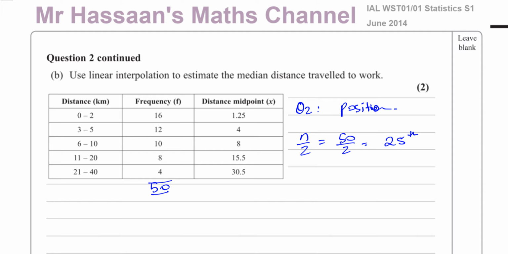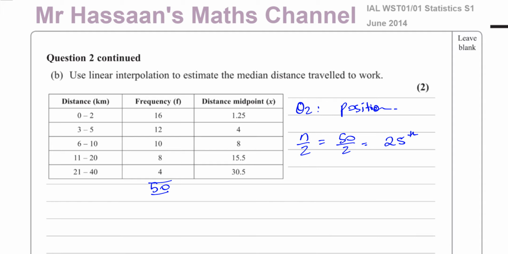We could also use the number 25.5 if you use n plus 1 over 2, and that's in the mark scheme as well. The mark scheme sometimes has a number of different methods which are all acceptable in statistics, and as long as you use a correct method, it's fine. This is the method that I teach and stick with because I find it more consistent and less confusing for my students.